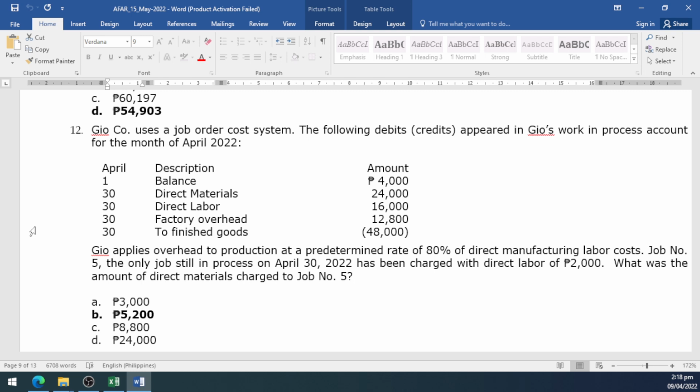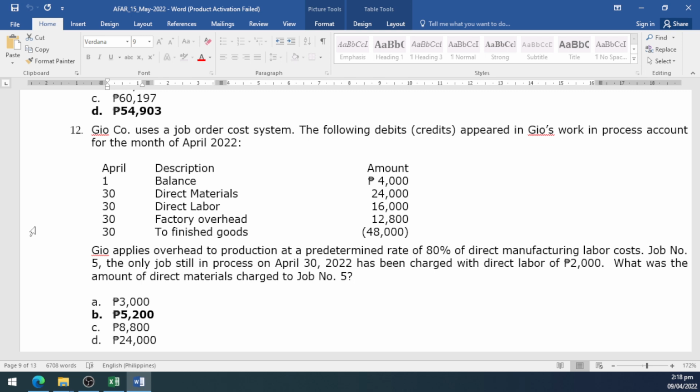Ang entry dyan, credit to work in process, debit to finished goods. Kaya, 4,000 plus 24,000 plus 16,000 plus 12,800 minus 48,000, ang balance ng ating ending work in process dyan, 8,800. Siyempre, yung 8,800 na yan, cost ng job number 5, isang job lang, may breakdown yon, may materials yon, may labor yon, may overhead yon.